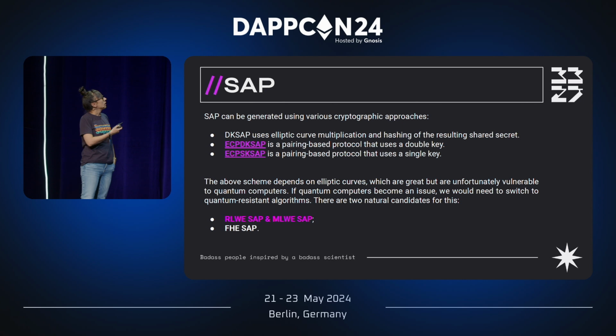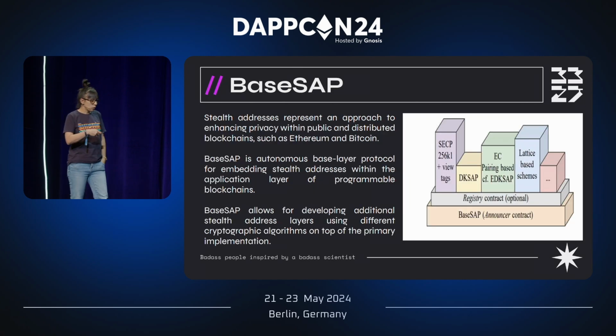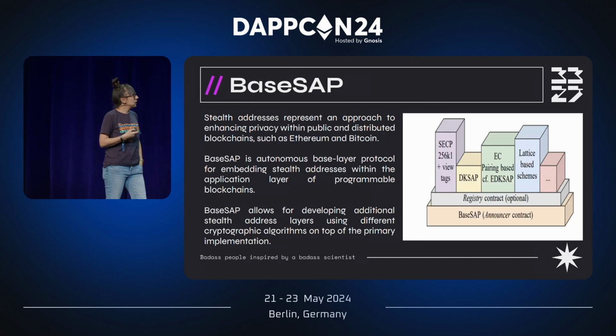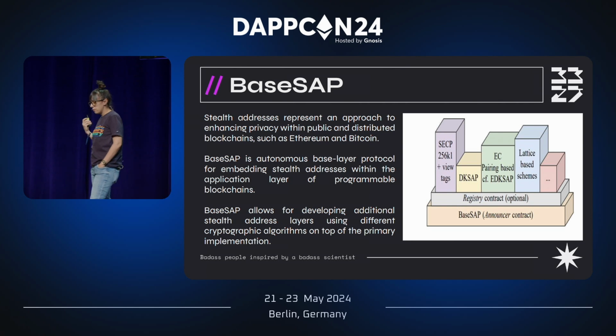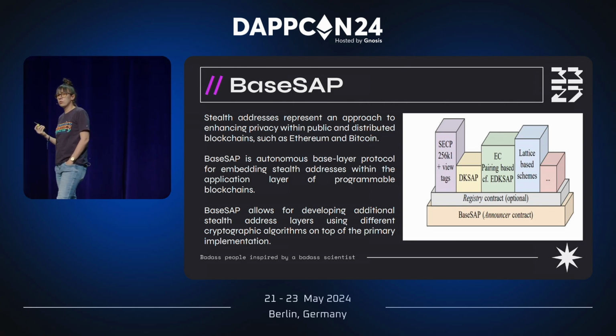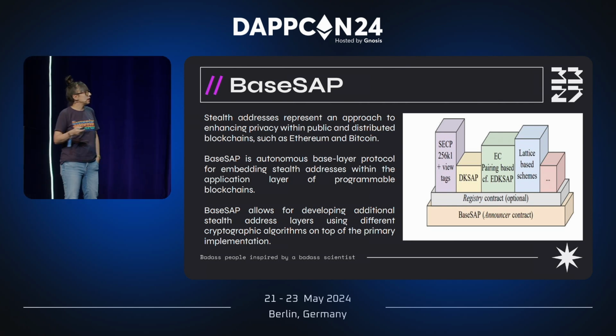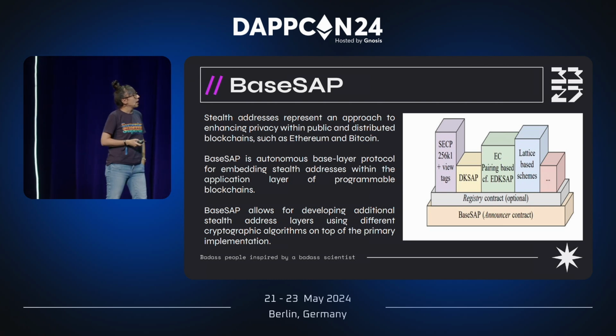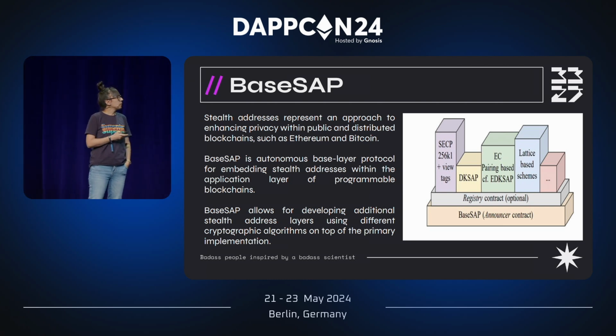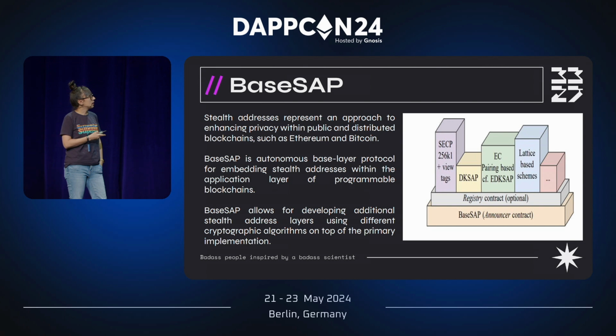So let's explain what our motivation was. Our motivation was the paper-based stealth address protocol that was written by Vitalik and Tony and others. And they already implemented stuff like this and this. They use the dual key stealth address protocol.